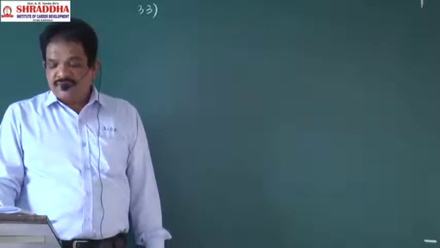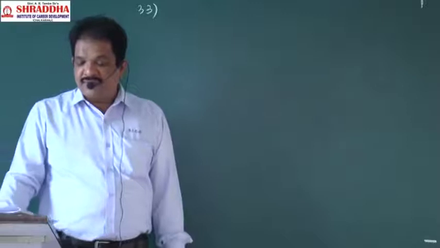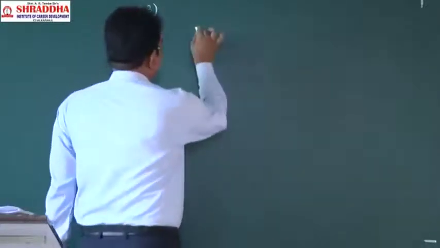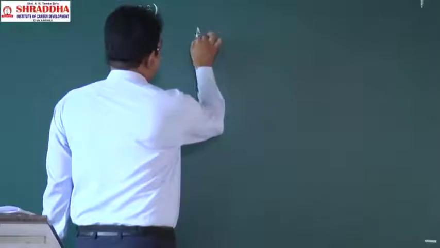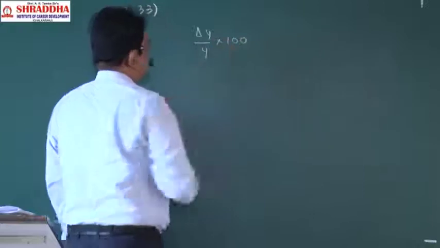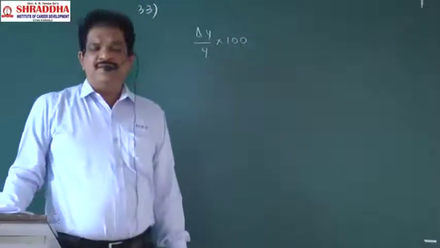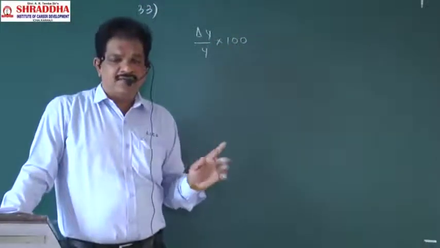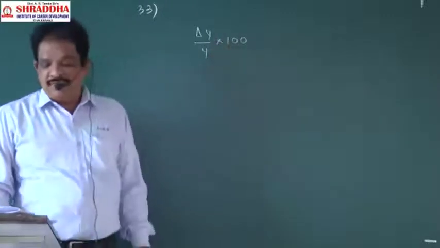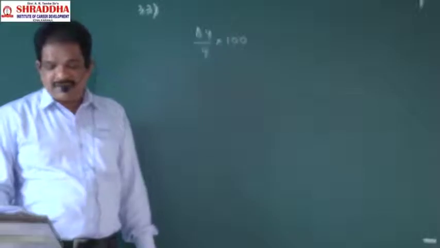Okay. So percentage error means what we have to do is delta Y by Y into 100. Young's modulus is indicated by the letter Y. So delta Y by Y into 100 will be the percentage error.